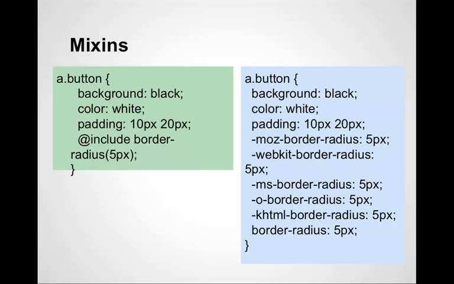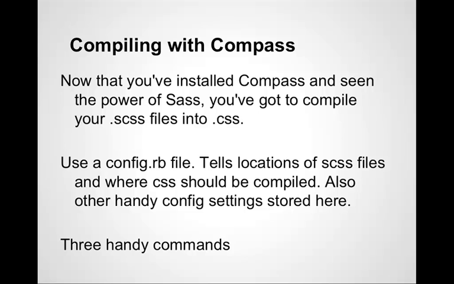So I'm going to talk a little bit about compiling with Compass, because that's where the magic happens. Earlier we installed Compass, and we've seen examples of how Compass and Sass work. Now I'll go over how your workflow would work to actually utilize this.